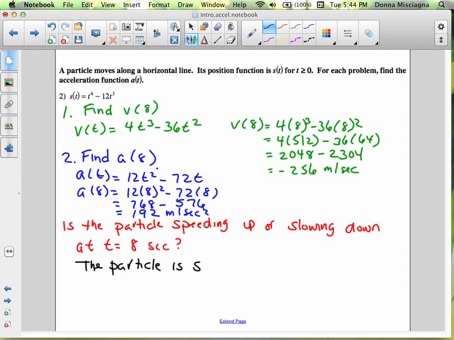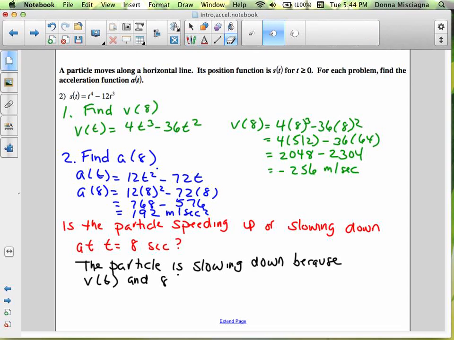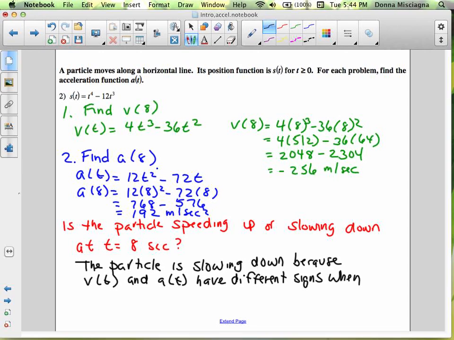The particle is slowing down because v of t, and I meant to put a of t, not 8 of t, a of t have different signs when t equals 8 seconds.